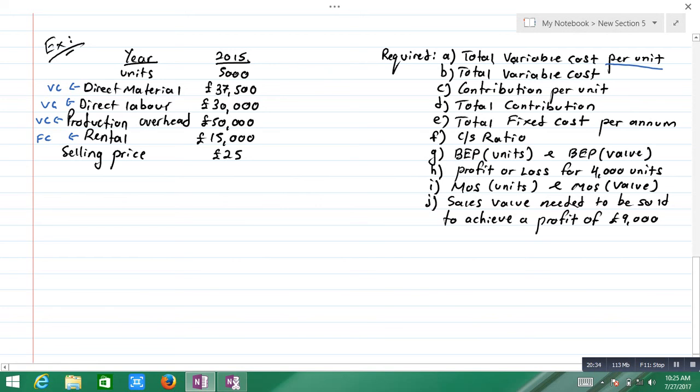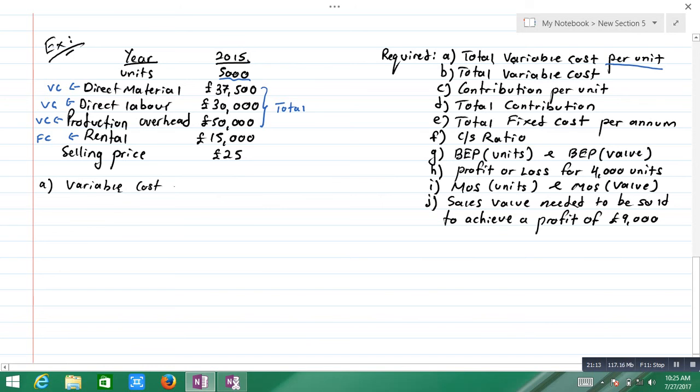So for your part A, we're going to calculate the variable cost per unit. For direct material, we're going to do the working here: 37,500 divided by 5,000.